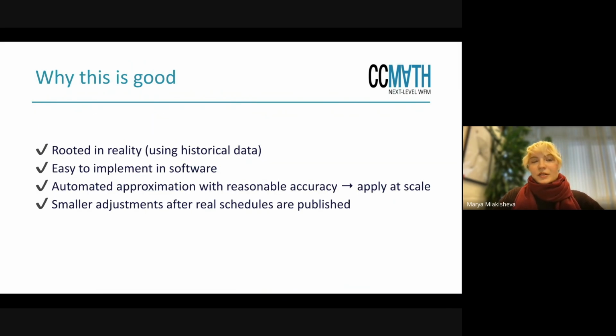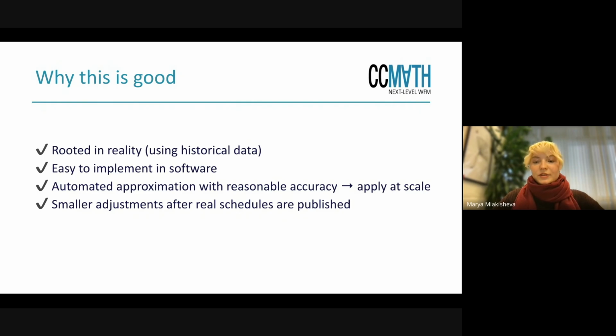Okay, so why is this better than the first method? It's first of all rooted in the data that we have. So instead of just assuming that the agent works equally his or her contract hours over the week, we say, okay, let's look at their working pattern and then deduct an average.